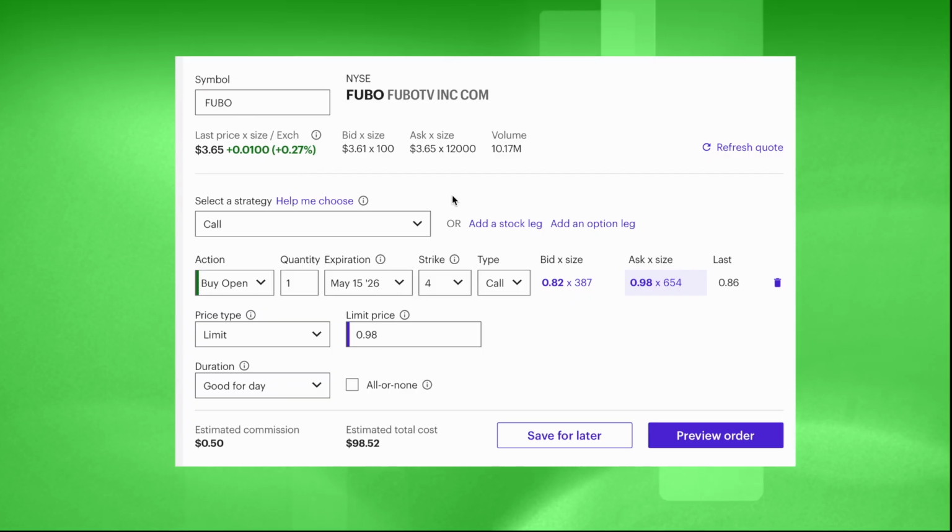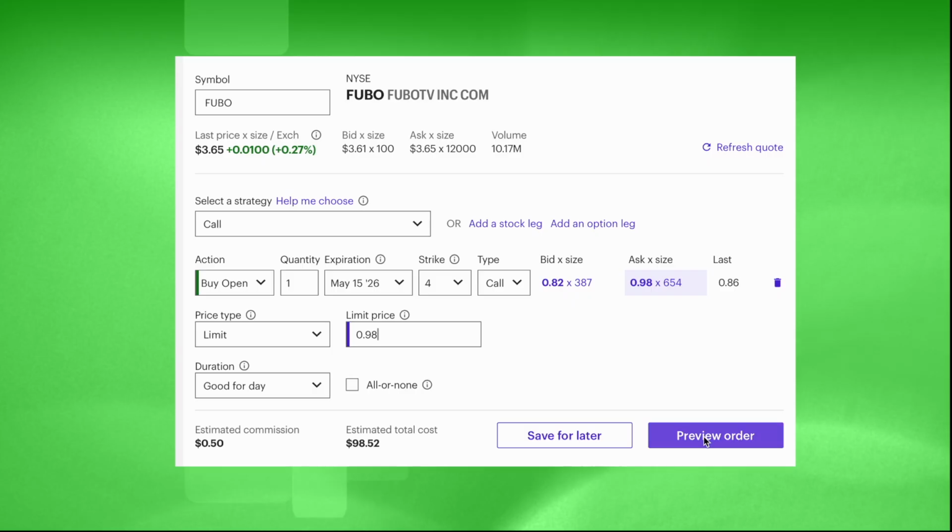So on expiration date, which would be May 15th, 2026, if this call option contract is over $4, which is the strike, I better have enough money in my account to cover 100 shares of Fubo. If I don't, my account will be flagged. And like I said earlier in the video, I don't want to have 100 shares of Fubo. I want to get rid of the contract, either before expiration date or on expiration date.